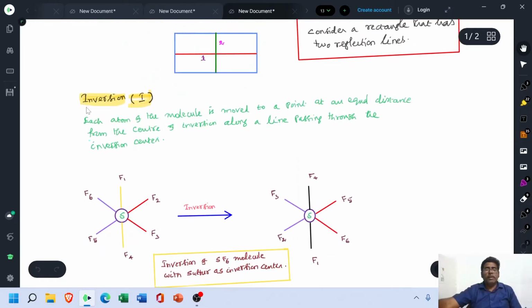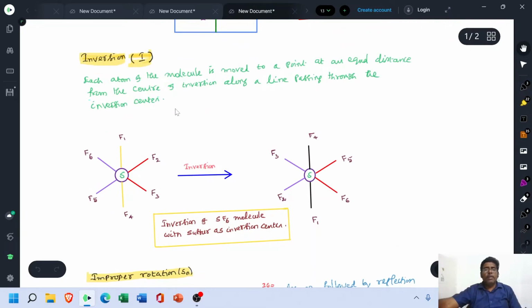Then this is inversion symmetry. This is related to parity operator, that is inversion of coordinates x, y, z into minus x, minus y, minus z. See that, consider SF6 molecule. Here 6 fluorine atoms are present. The center atom is sulfur.